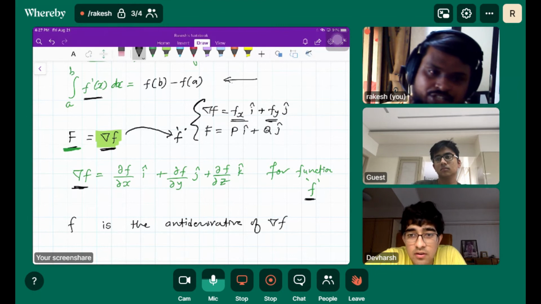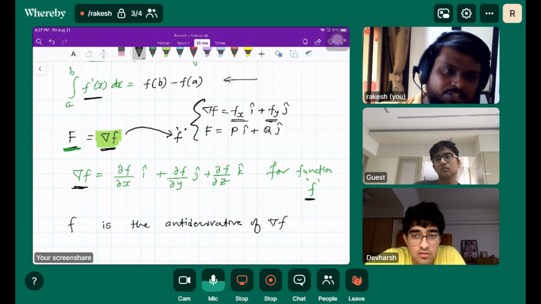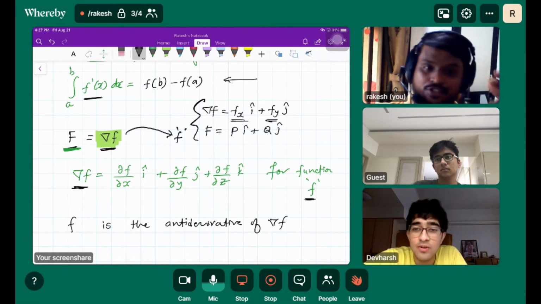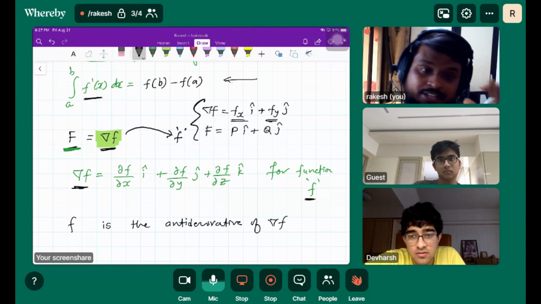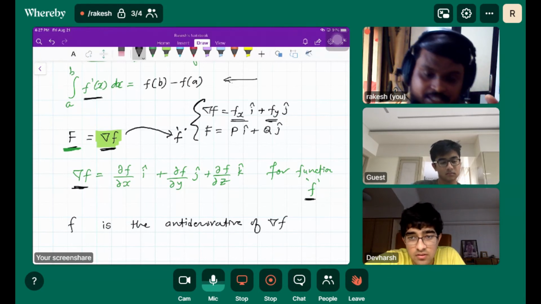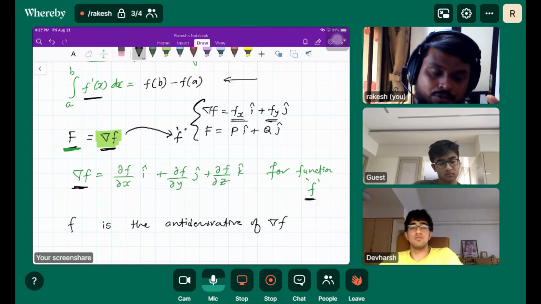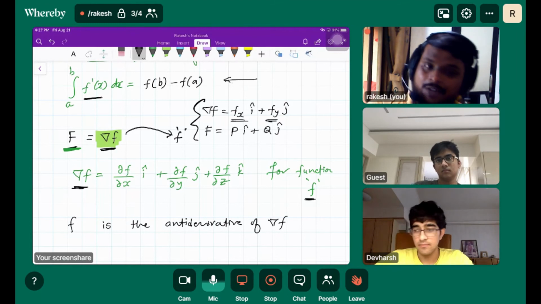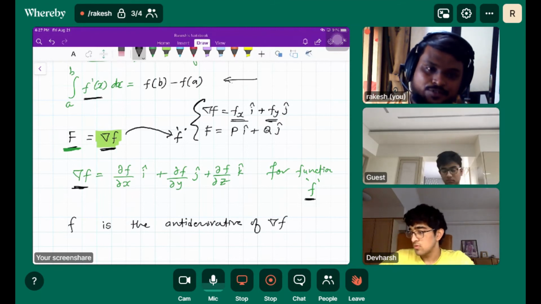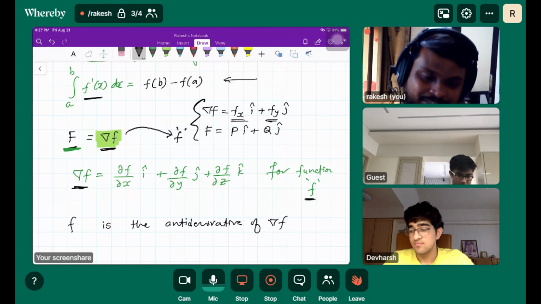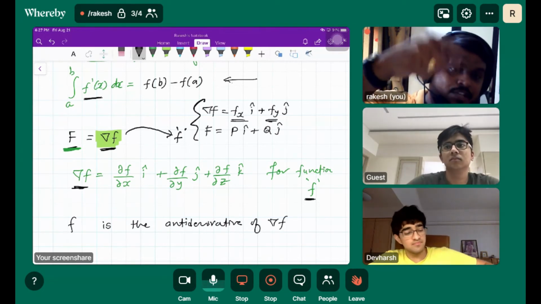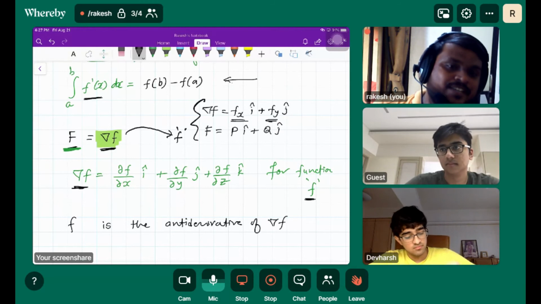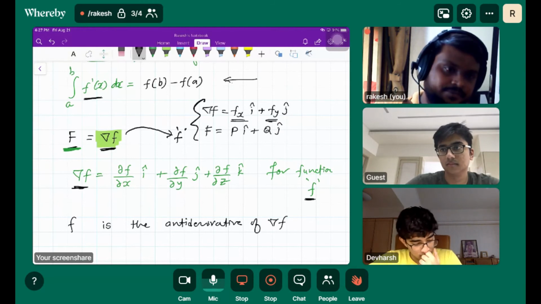You raised this question, I think, two lectures before, when we were discussing this conservative vector field. I gave you the definition of a conservative vector field, like what I'm giving you right now. That time I told you this would come after two classes, right? So now it is here in front of you. So f is the antiderivative of del f. The big problem is we need to find out f here.